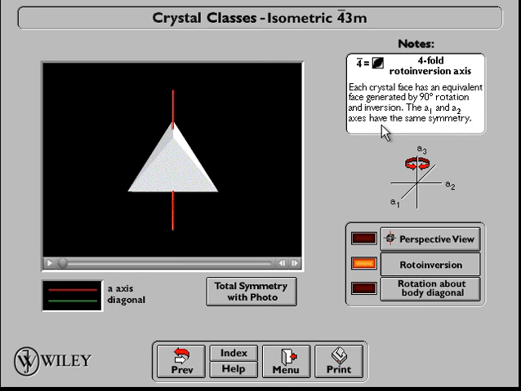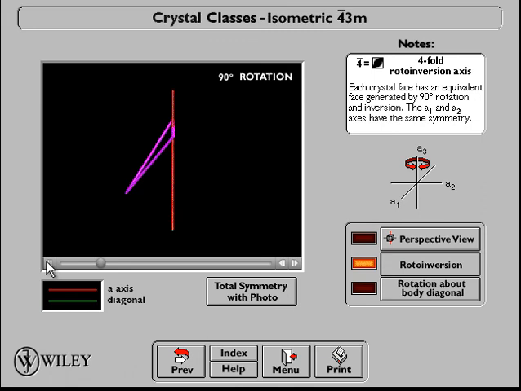Again, here the definition: each crystal phase has an equivalent phase generated by 90-degree rotation and inversion. The A1 and the A2 axes have the same symmetry. Now we can see again how such a fourfold roto-inversion takes place.